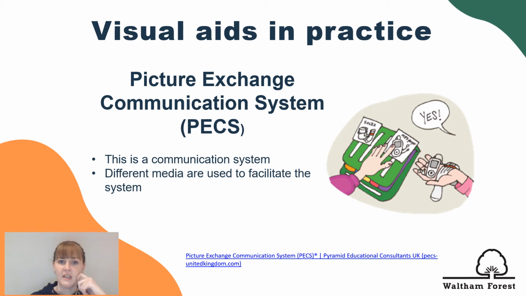It will then go on to teach discrimination of pictures and how to put them together in sentences. In more advanced phases, individuals are taught to use answers, questions and comments. The primary goal of PECS is to teach functional communication, the exchange, that they hand something over and they get something back.